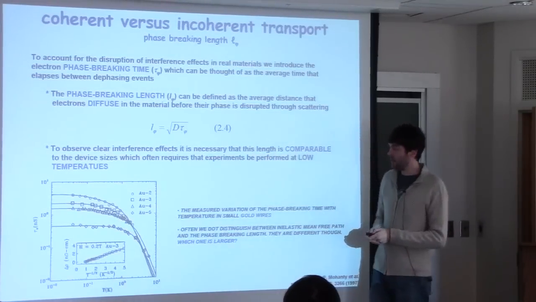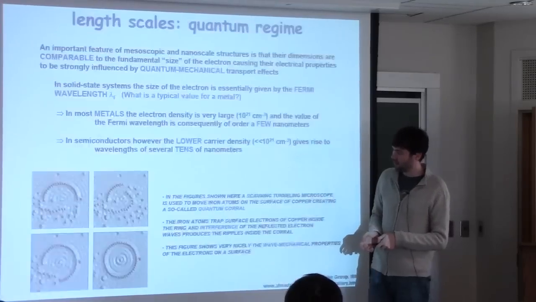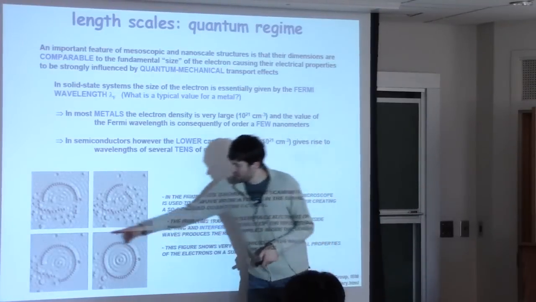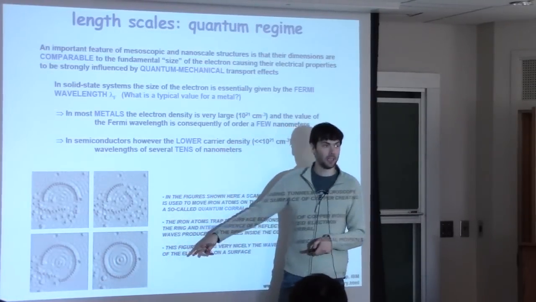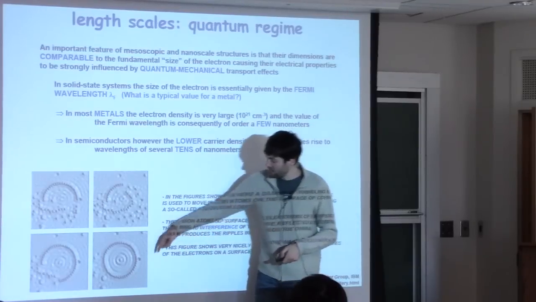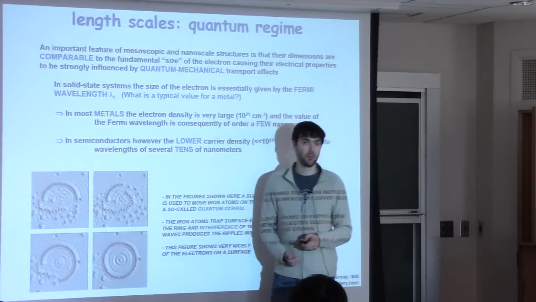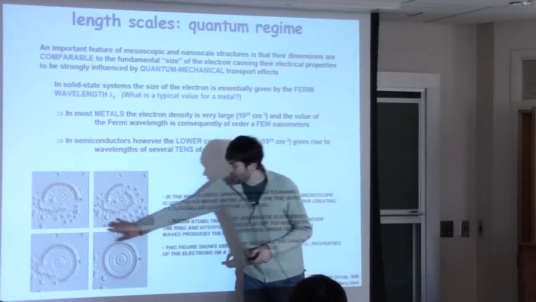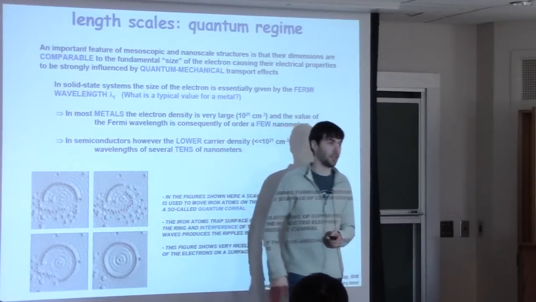Like in the example of a quantum corral, the system is several wavelengths in size, and we see an interference pattern whose period is determined by the wavelength, but the coherence is preserved over the entire picture here.